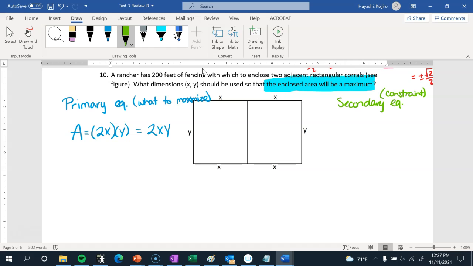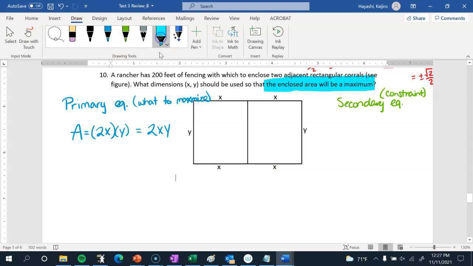Now, of course, we want to maximize that, but it's going to be difficult to take the derivative if this function is going to be in terms of both x and y. It's not really something that we do very often to take the derivative of a function with 2 variables.